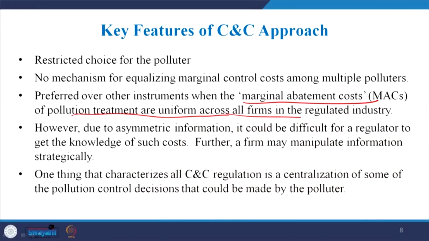Actually, this command and control system is more effective to achieve the intended goal only when the marginal abatement cost is uniform across all the firms where regulation is made, but in reality it is not possible, because it is very difficult to collect information on the cost of abatement of pollution from different companies.